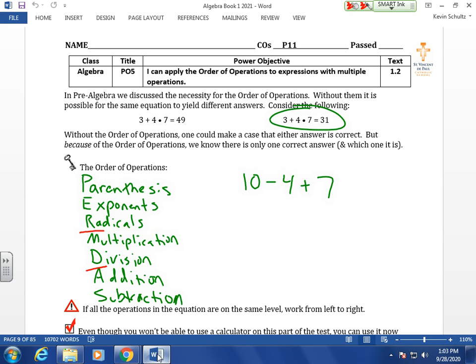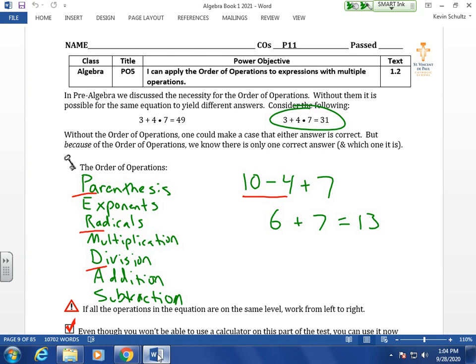They're actually interchangeable. If you have subtraction and then addition, that's all you have in the equation, you simply work from left to right. So your first step here would be to take 10 minus 4, which is 6, and then add 7 to get a final total of 13.